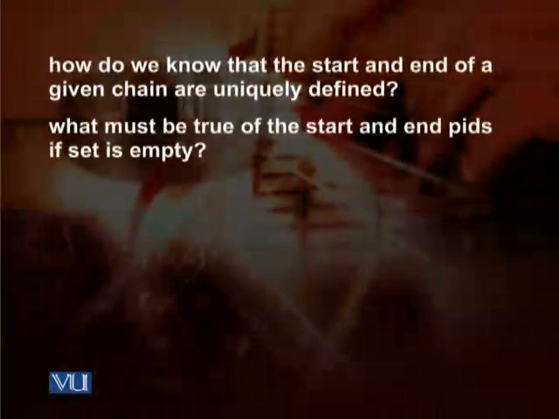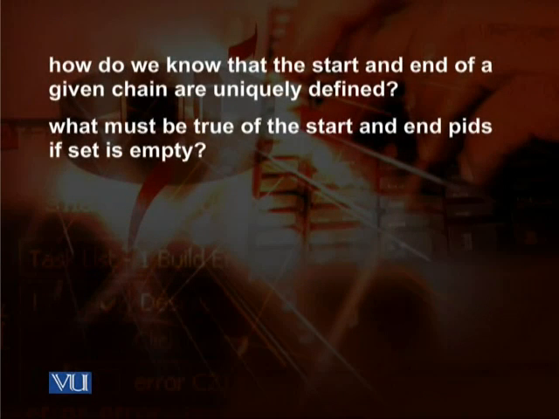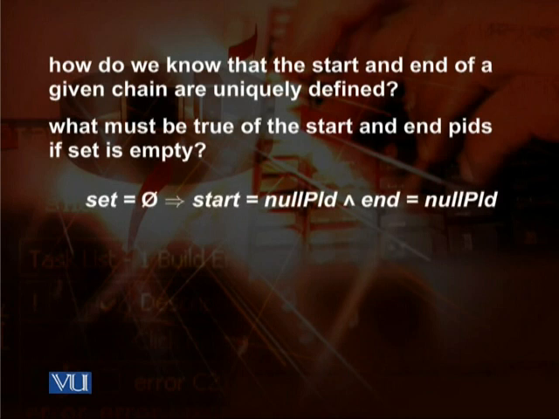Now, the question is, how do we know that the start and the end of a given chain are uniquely defined? And the second question is, what must be true of the start and the end PIDs if set is empty? Now, we consider these two questions. When set is empty, that implies start is equal to null PID and end is equal to null PID.